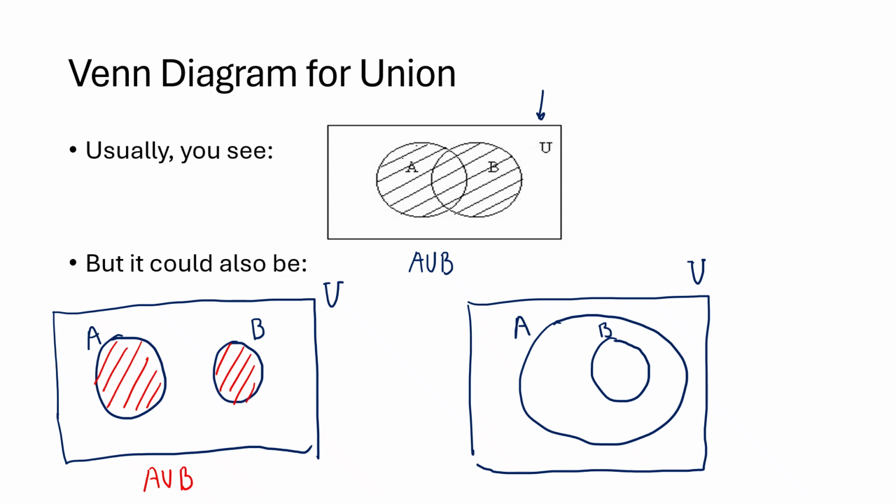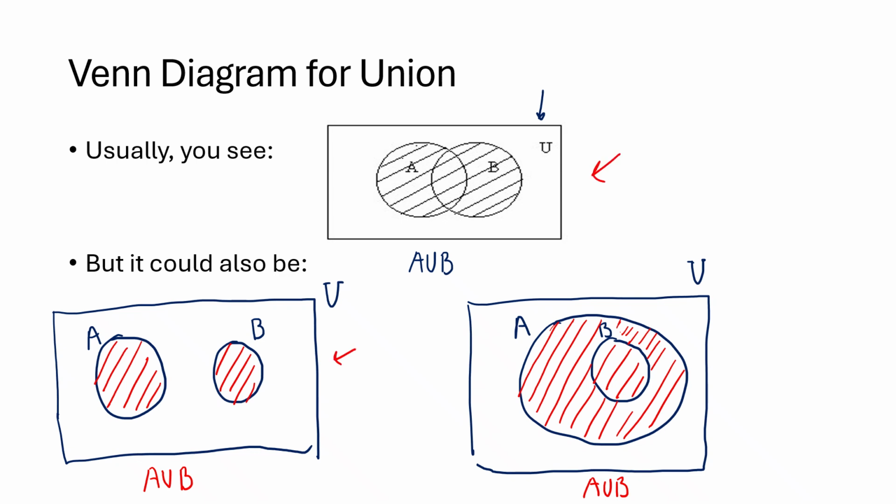And again, in this case, if you want to represent the union of A and B using the Venn diagram, we need to shade everything that is inside A as well as every area that is inside B. So this will be the representation of A union B. So this is the general case. This is the case where A and B are disjoint, and this is the case where B is a subset of A. And in all three cases, the Venn diagram represents the union of A and B.